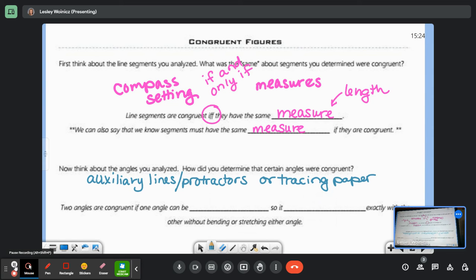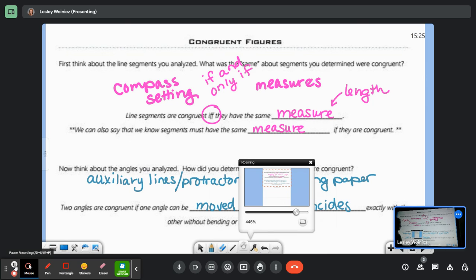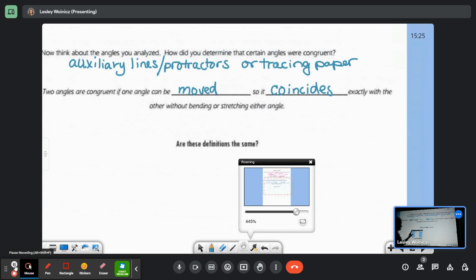Okay, so two angles are congruent if one angle can be moved so that it coincides exactly with the other angle without bending or stretching either of the angles. Here, I'll move this up so you can see it.